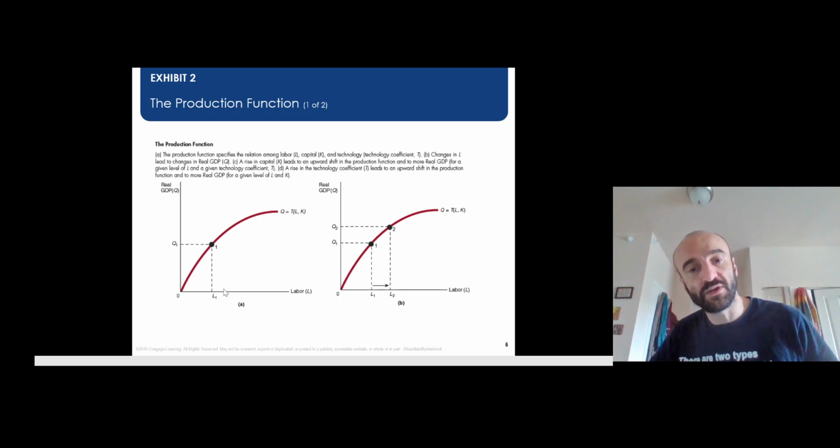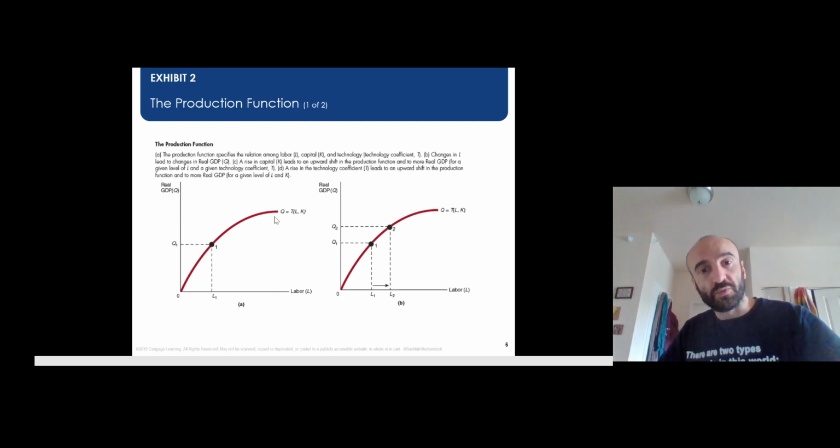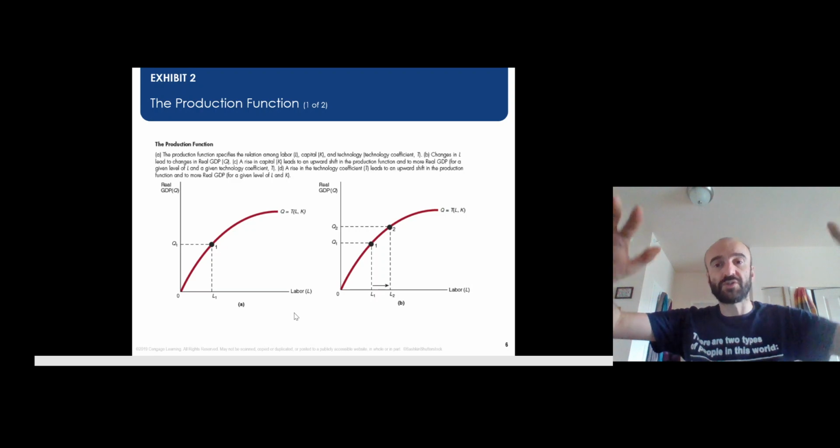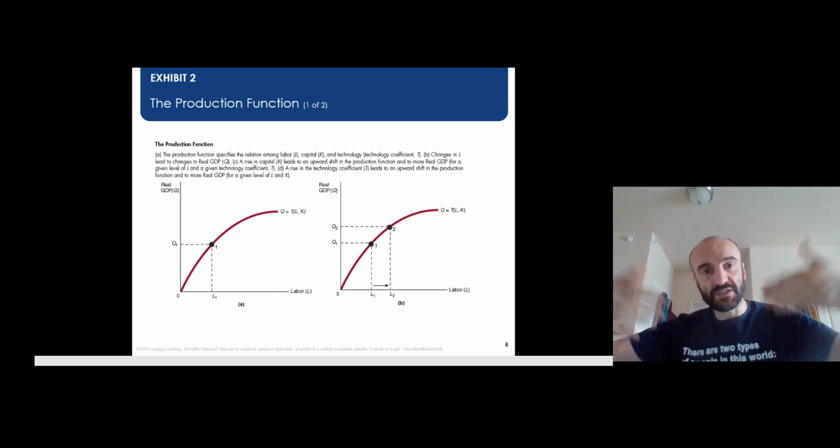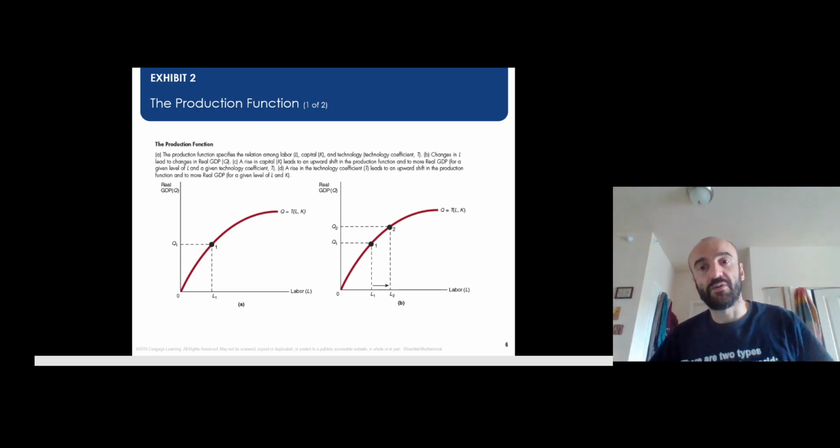So as your labor population increases, or the quantity of labor that you devote to production increases, you have to increase your technological sophistication and your amount of capital goods, machines, tools, buildings, roads, railways, airplanes, in order to keep up with the increased labor. So you have to increase the availability of all factors of production at the same time, if you want real economic growth in the long run.